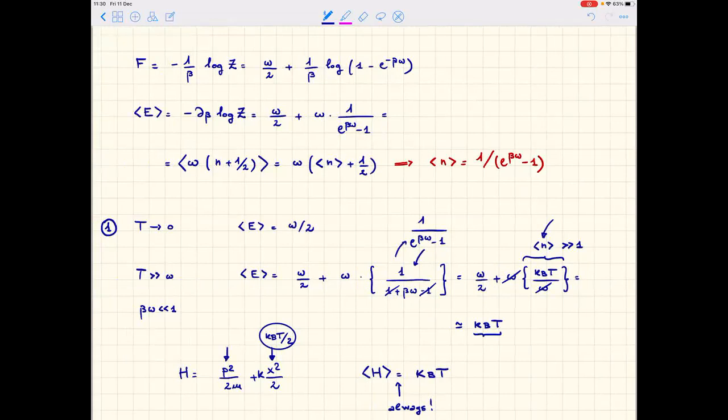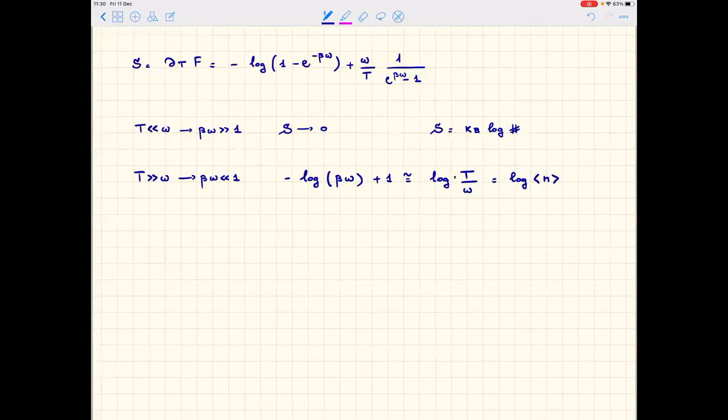Because the average n is k_B T over omega. Well, here I should have a k_B. So in the opposite limit, I get that essentially the number of states can be estimated by looking at the average occupation of your harmonic oscillator.